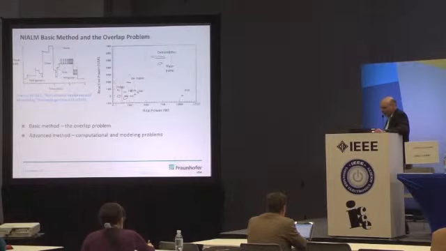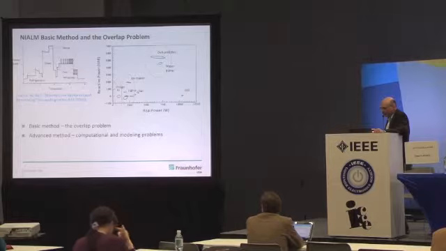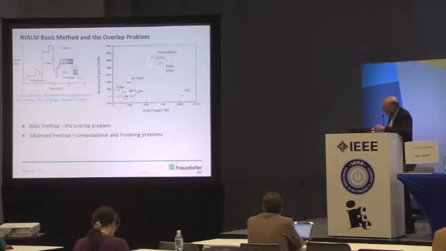Let us make a step back and return to the basic NIAUM method. What will happen if you have only real power? Let's look at this picture, and you see, if there is no reactive power available, everything that is included within this circle would overlap, and it would be extremely difficult to distinguish between, for example, a dehumidifier and water pump.